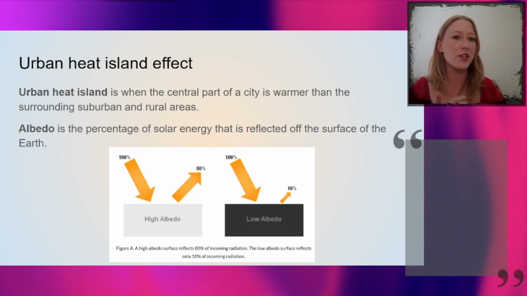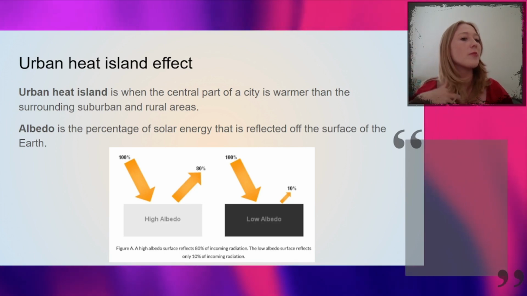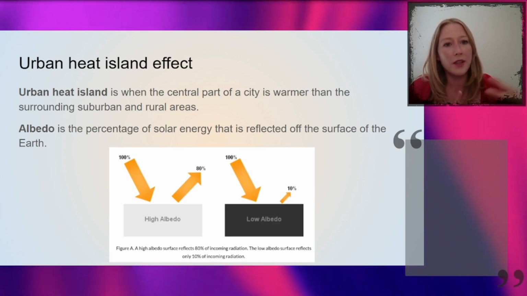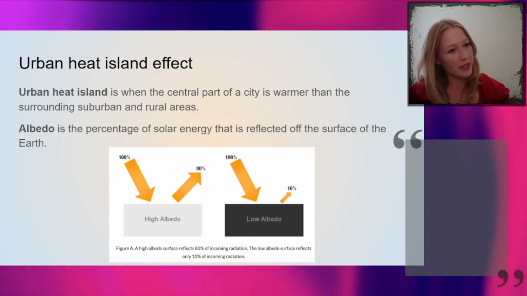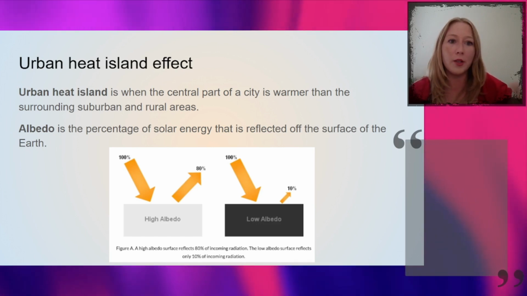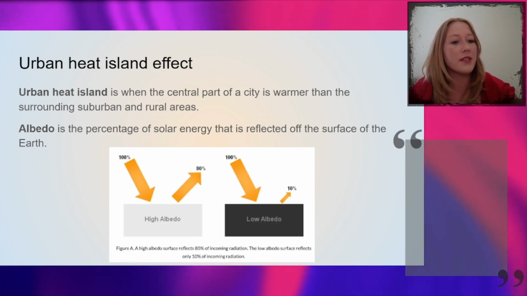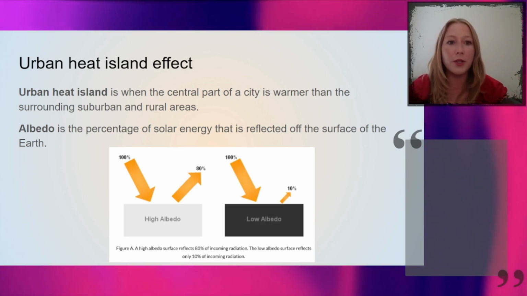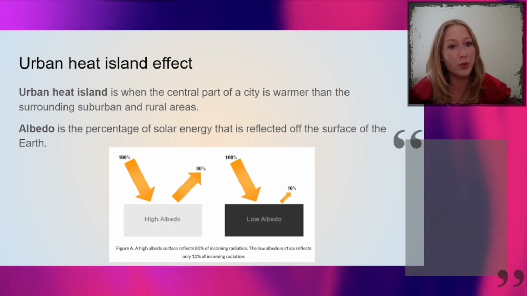Another thing that I didn't actually add into the notes, but another factor would be the heat capacity of different materials. So where I'm going with the whole albedo and heat capacity thing is that there are different materials that make up urban areas compared to rural areas.